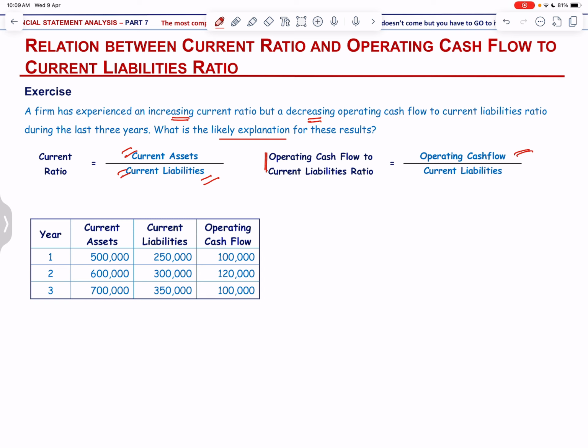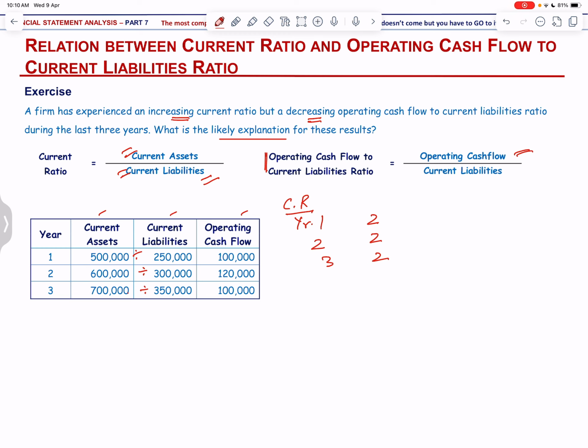So we have taken some hypothetical numbers over here for year number 1, 2, 3. We have the current assets, we have the current liabilities, and we have the operating cash flow. So the current ratio for the year number 1 is 500 divided by 250, so that is equal to 2. For year number 2, it is 600 divided by 300, that is again 2, and 700 divided by 350, again the ratio is the same, 2.